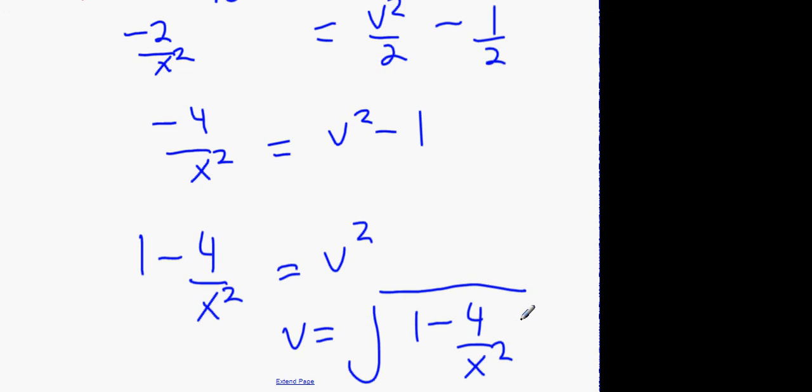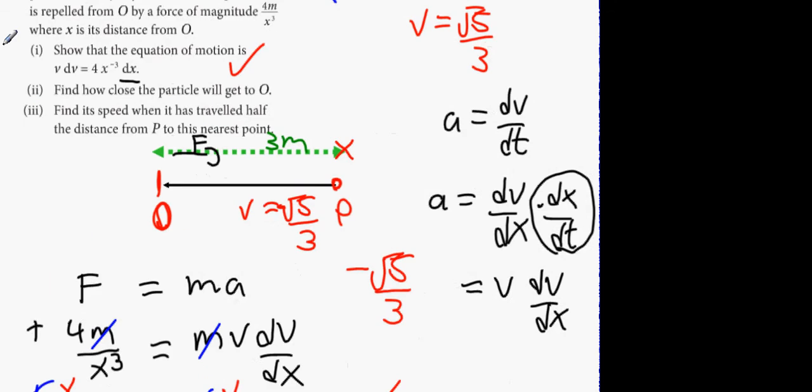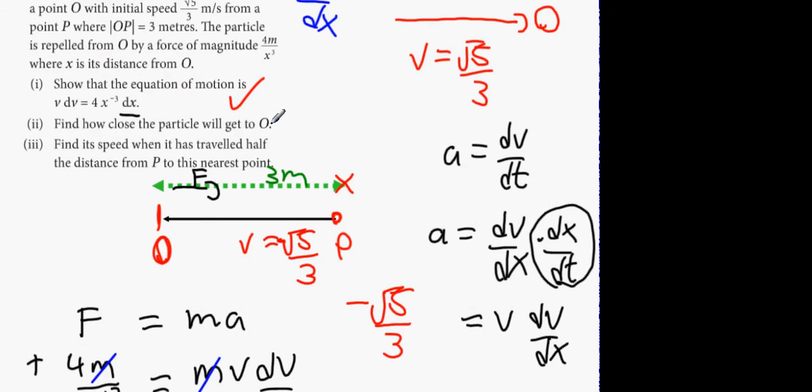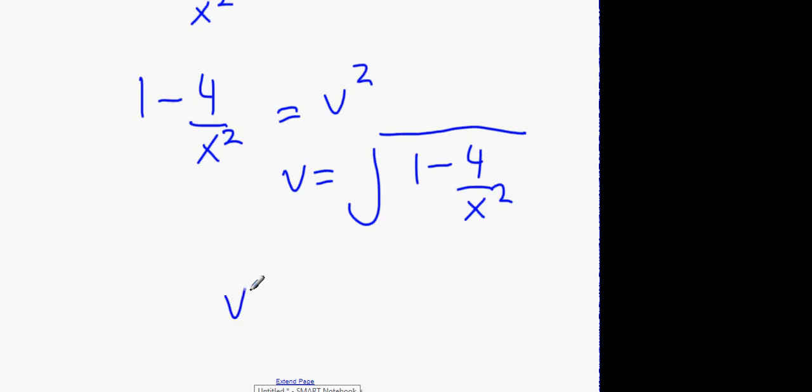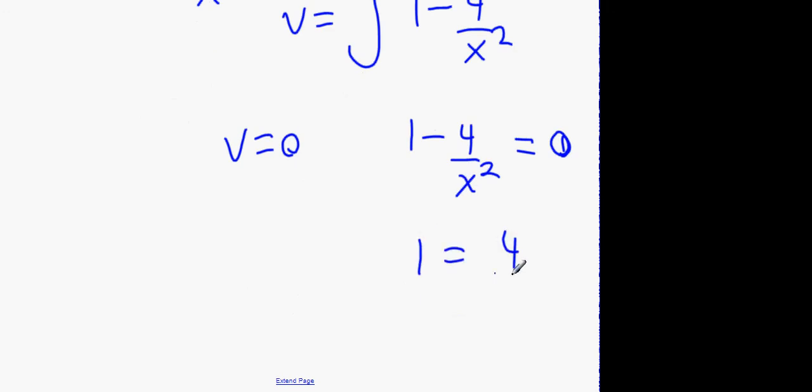Now, what it wants to ask me next is, find out how close will the particle get to O. How close it'll get is when phi is 0. Okay, go back down. Phi is now 0. This means 1 minus 4 over x squared equals 0. Okay? This means that 1 equals 4 over x squared.